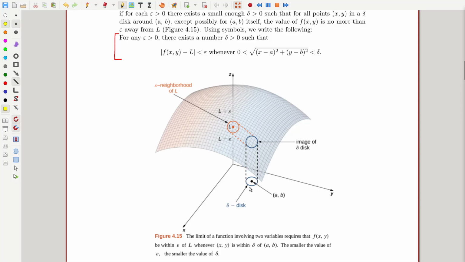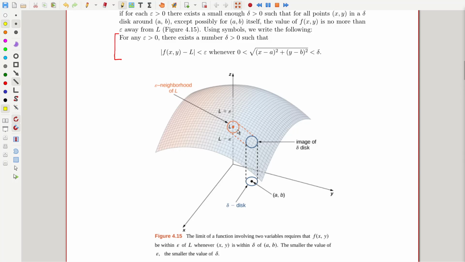So that as delta gets smaller and smaller, epsilon will get smaller and smaller, although we invert it the other way. We invert it to make it more of a question and answer process. Say I want to be within 0.1 of the target L. Well, I can find a delta so that I can be within 0.1 of L, and then 0.01, and then 0.001.